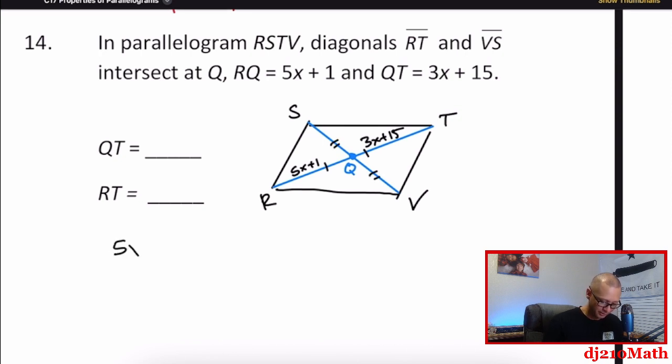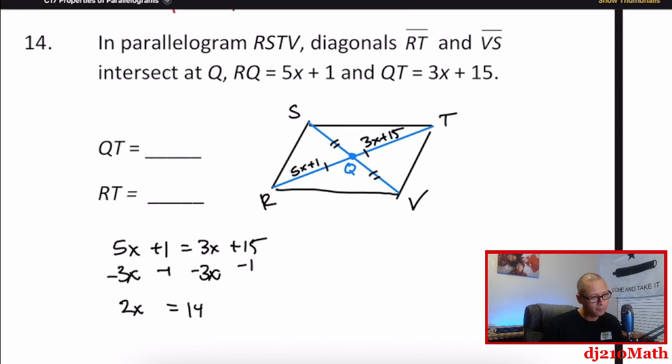So 5x plus 1 is equal to 3x plus 15. And this is good old algebra 1, solving for one variable. Combining like terms, 2x minus 1 equals 14. Divide both sides by 2, x is equal to 7.